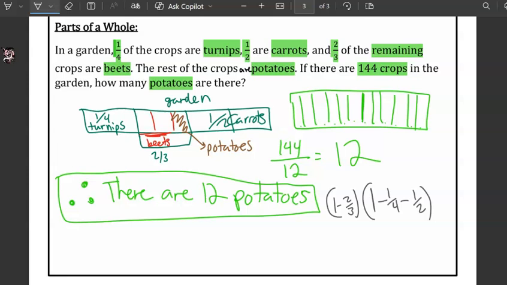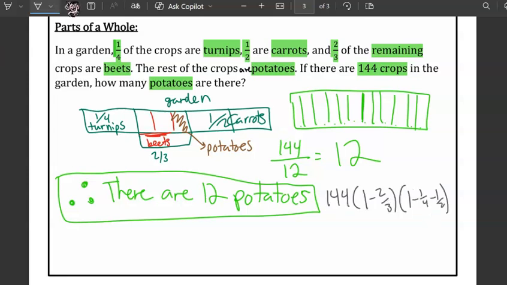And then you'll multiply that whole thing by 144. 144 times 1/3 times, 1 minus 1/4 is 3/4, and 3/4 minus 1/2 is 1/4. Multiply these, you get 144 over 12 again. And that gives you 12.